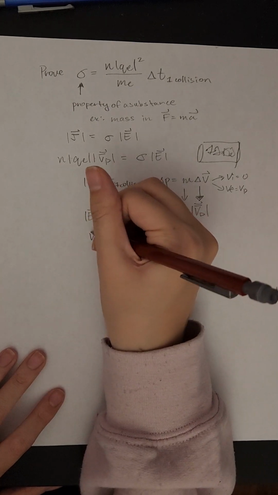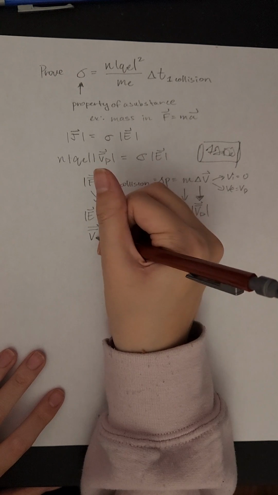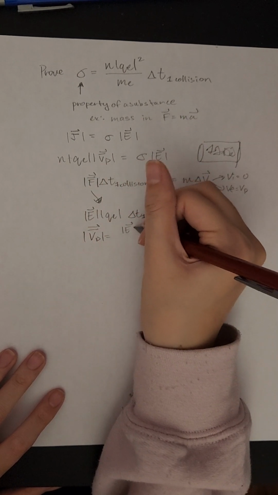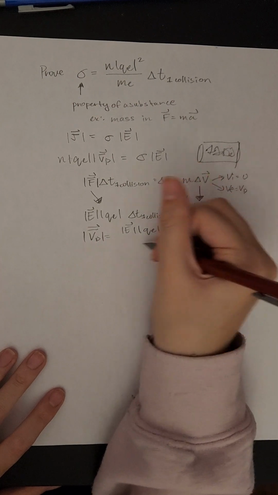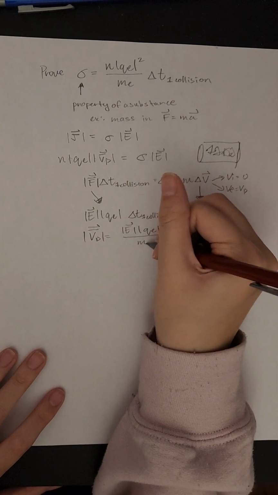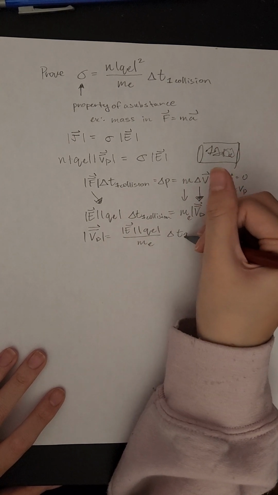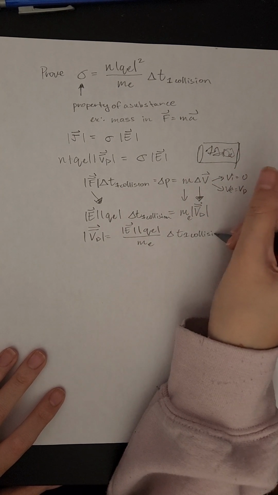And if we rewrite it by isolating the drift velocity, we get the electric field times charge over the mass of the electron times the time of one collision.